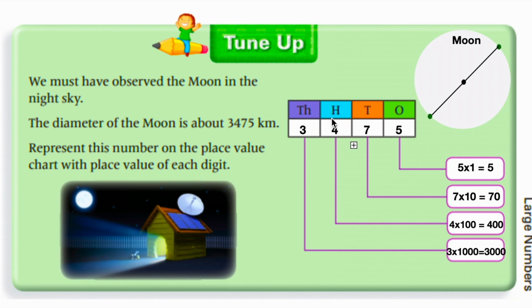Then the place value of digit 4, which is at hundreds place, is equal to 4 multiplied by 100, which is equal to 400. Then the place value of digit 3, which is at thousands place, is 3 multiplied by 1000, which is equal to 3000.